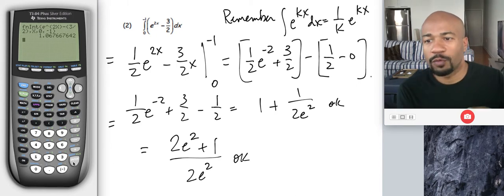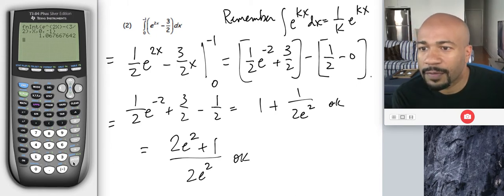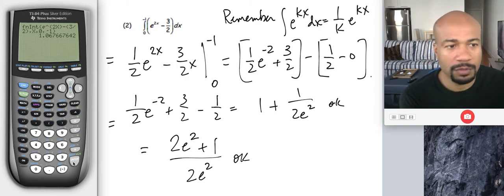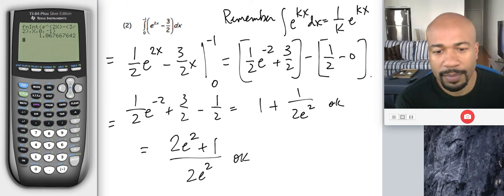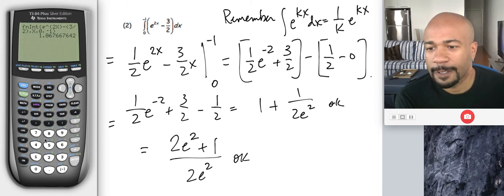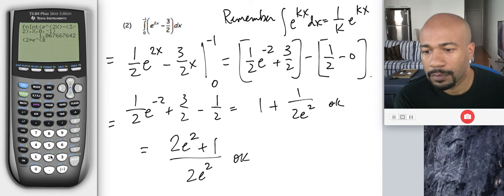All right, cool. So I have 1.067667642. Okay, great. Crazy number. But I have a crazy number too. So let's calculate this. I have 2 times e squared plus 1, divided by 2 times e squared.